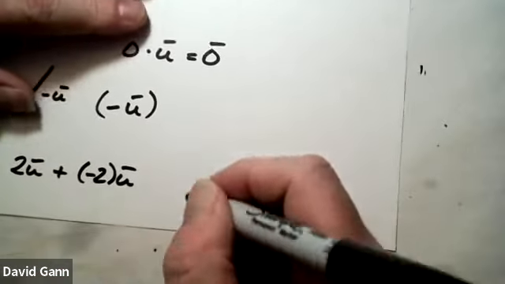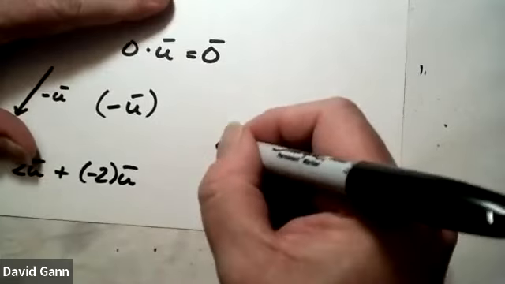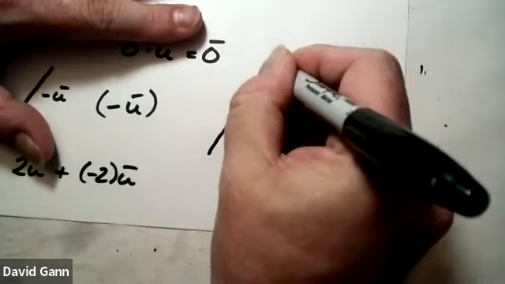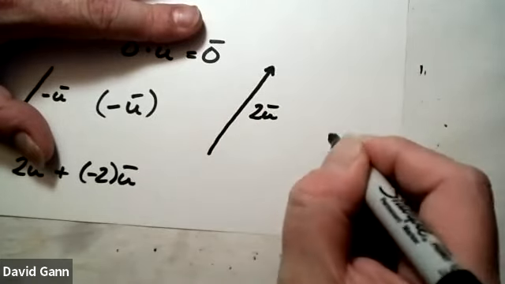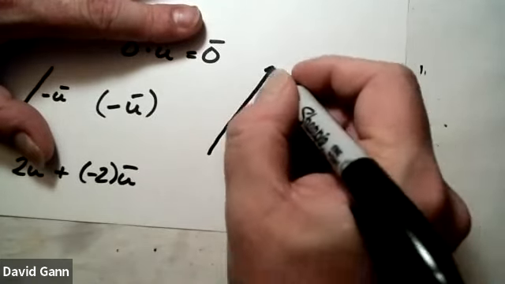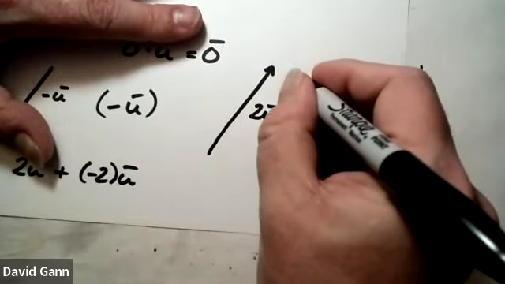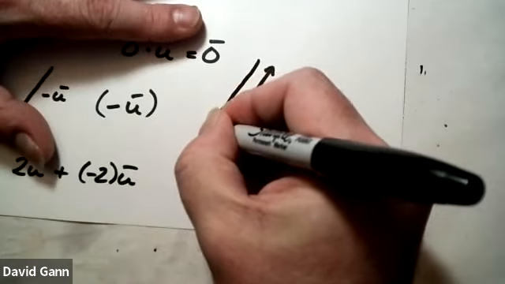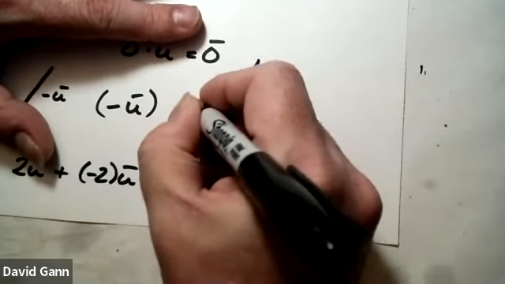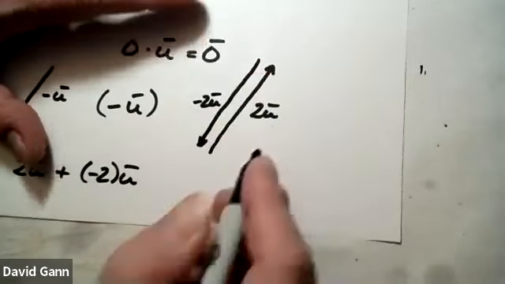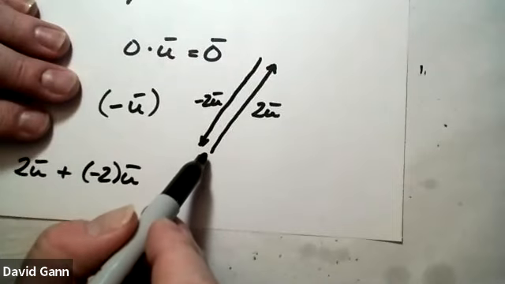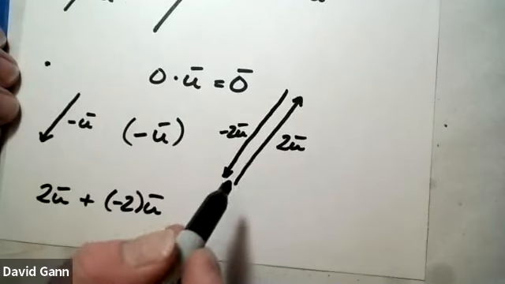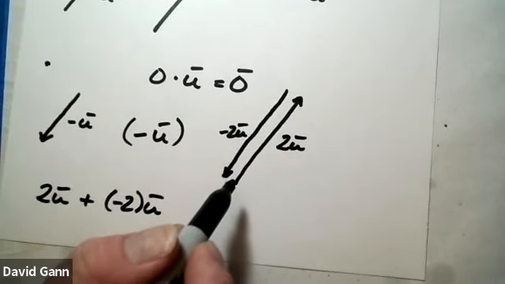So over here to the side, here's 2u, and then if I lay this on top of it, which I'm going to do kind of off to the side, but then coming back, minus 2u, the total of these is just going to be the 0 vector, so dot, because we come right back to where we started from.